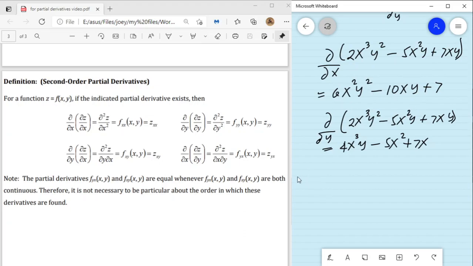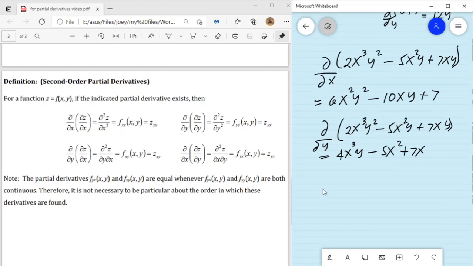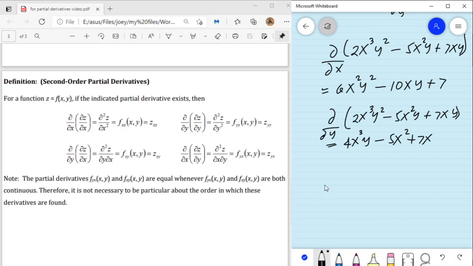Hence, if we take the second partial derivative of the same expression, 2x cubed y squared minus 5x squared y plus 7xy, let's say with respect to x.